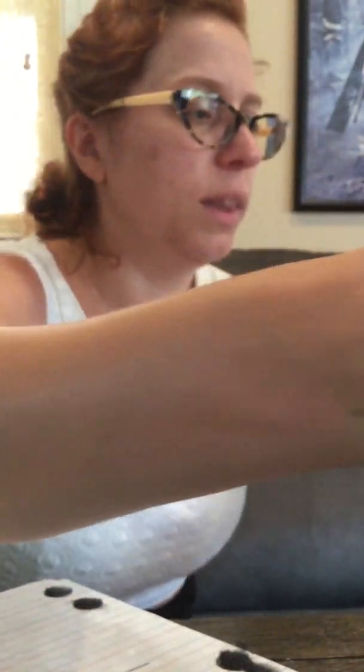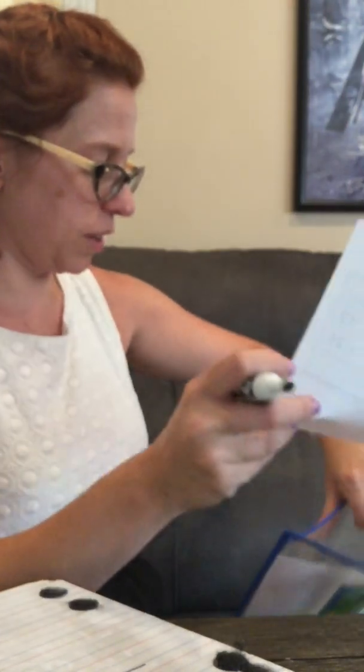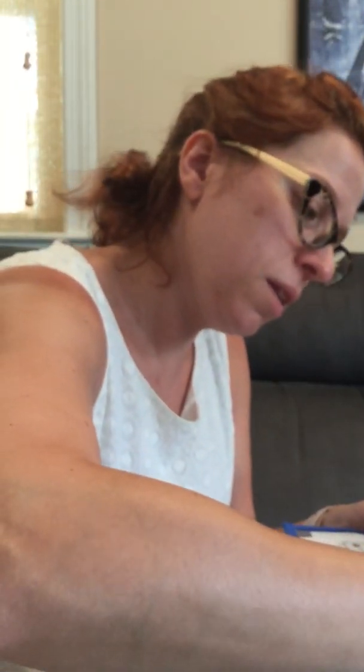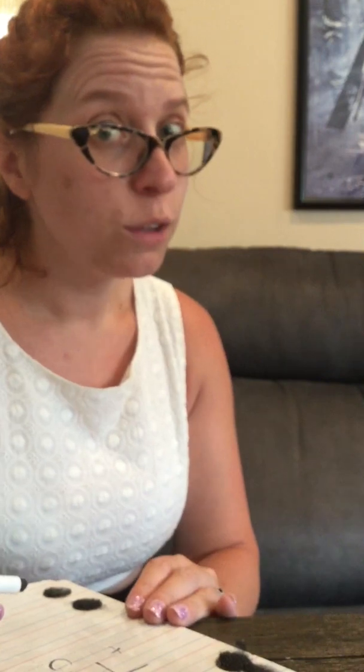Okay, now we're going to do 19 times 21. Let me put this in here so we can actually write our answers in after we do it. Okay, so 9 times 1 is 9. 1 times 1 is 1. Now plus, put a 0 in that space, and then 2 times 9 is 18.